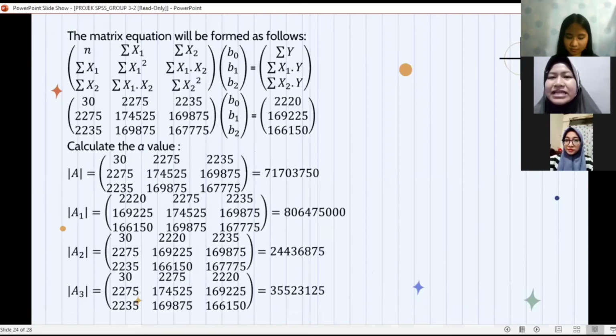By the calculation that we have done, we can calculate that the A0 value is 7170370, and A1 is X0647500, and A2 is 24436X75, and A3 is 355233125.